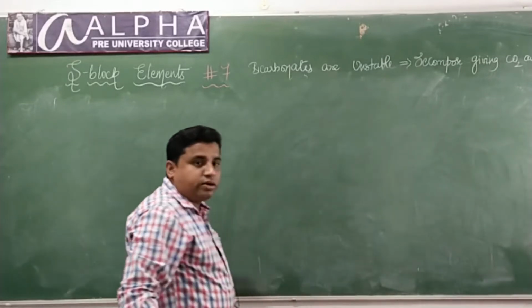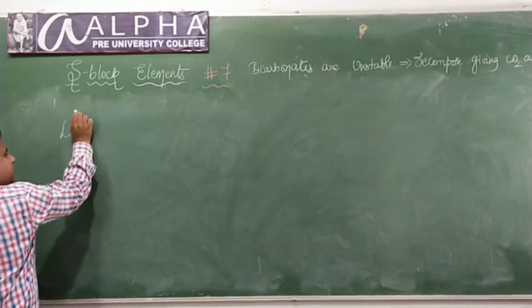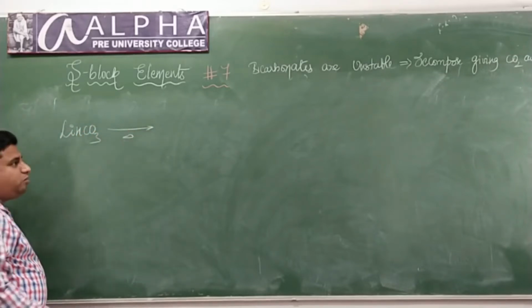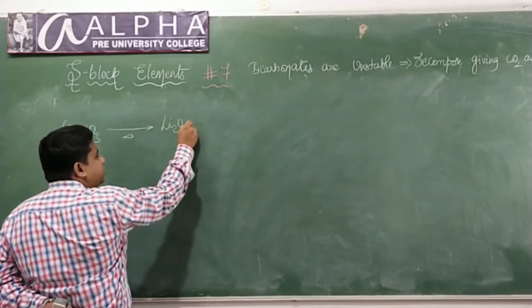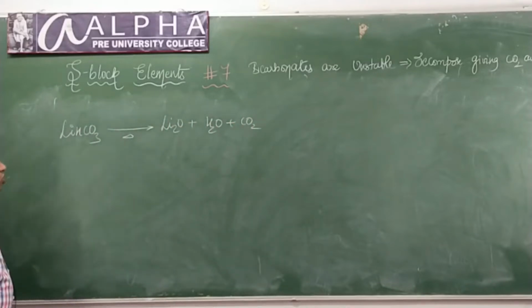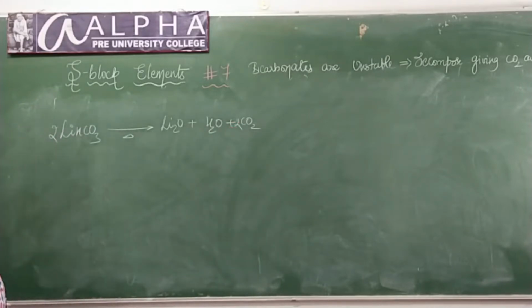If I have lithium bicarbonate and heat it, it decomposes giving lithium oxide, water and carbon dioxide. If I take 2 moles of lithium bicarbonate, I get lithium oxide, water and 2 moles of carbon dioxide.